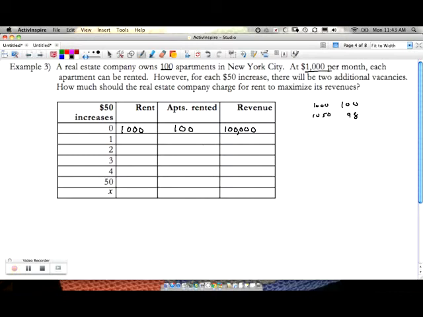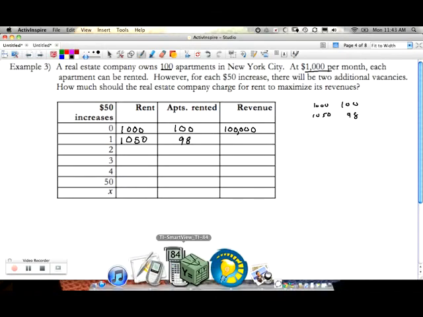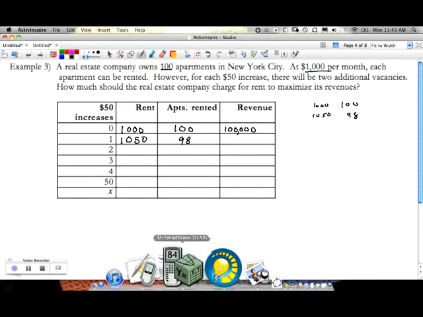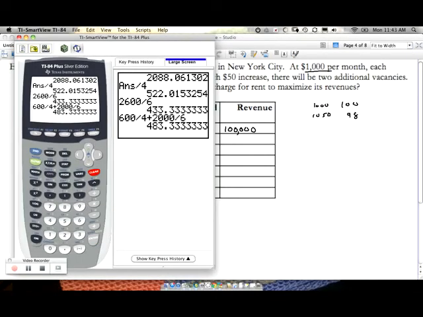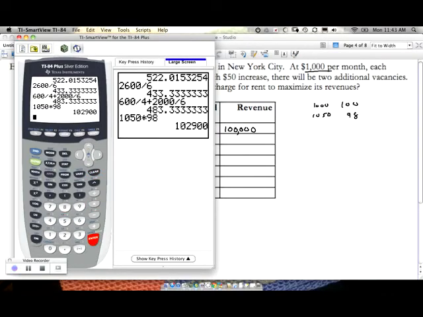100,000. Now if I do one $50 increase, so that'd be 1,050. This is going to go down by 2. So the apartments rented is going to go down to 98. Now if we were to multiply those, let's use a calculator here. So we're going to clear this, clear again. We got 1050 times 98, which is a little bit more, but not a lot more.